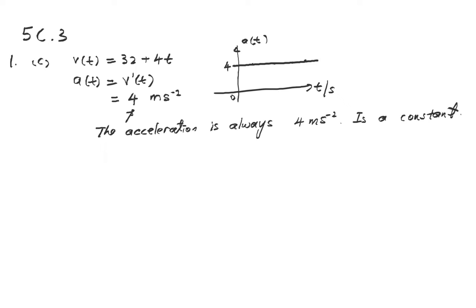As long as you just get a number, it means it's a constant already. It doesn't depend on time. So you say the acceleration is always this value, so it is a constant. Remember, acceleration is the rate of change of velocity.